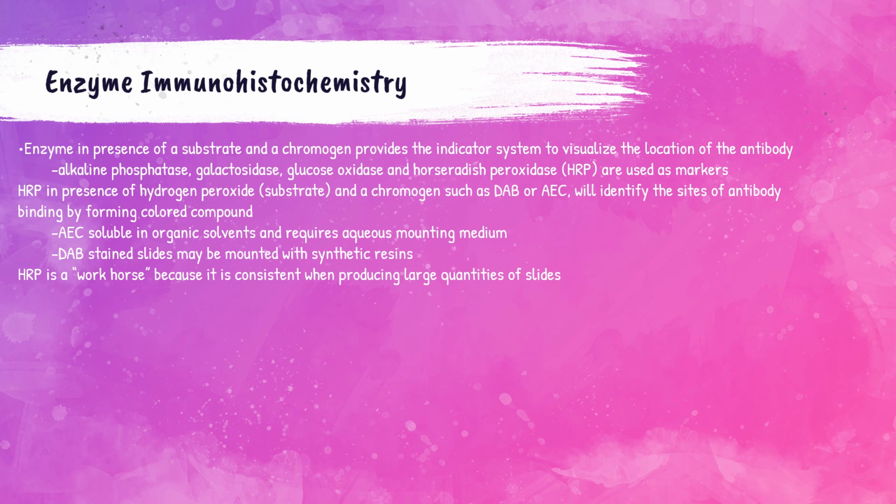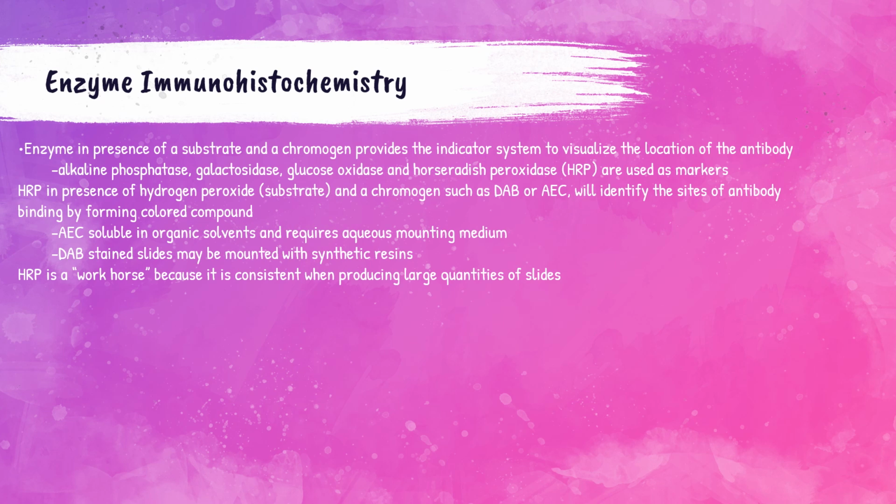For enzyme immunohistochemistry, the enzyme in presence of a substrate and a chromogen allows the visualization of the target antibody. Enzymes such as alkaline phosphatase, beta-galactosidase, glucose oxidase, and horseradish peroxidase are used as markers for this technique. Horseradish peroxidase, or HRP, and alkaline phosphatase, or AP, are most commonly chosen for this.